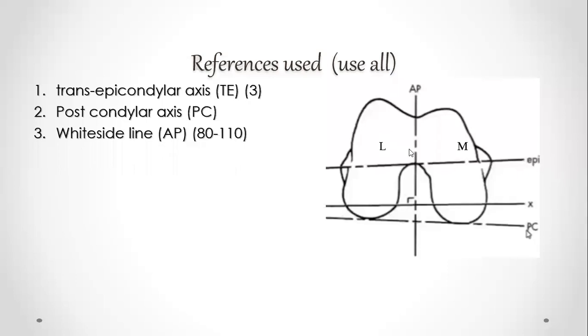You have to use every reference. Another thing is the transverse axis. This transverse axis is parallel to that of the proximal tibial cut. So these are the 4. First one is the epicondylar axis, 3 degrees of external rotation of the posterior condylar axis, and the anteroposterior or Whiteside line, which is perpendicular to the epicondylar axis, and that of the resection of the tibial cut.